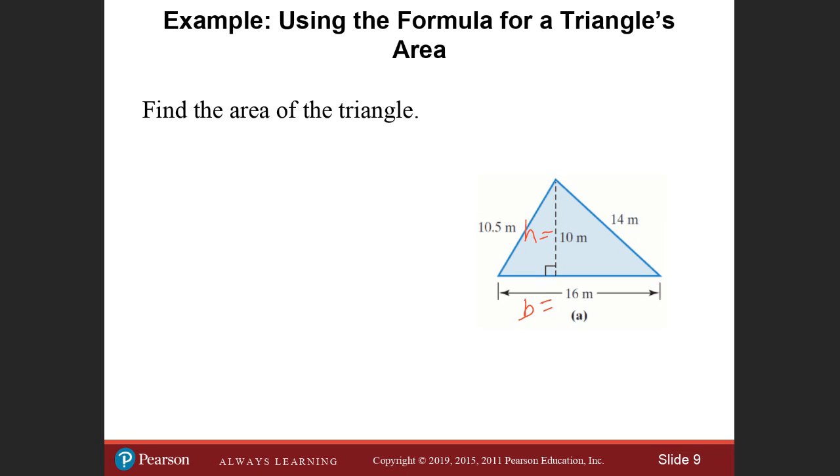The formula is area equals 1/2 base times height. So our base is 16 times our height, which is 10. 16 times 10 is 160, divided by 2, that would be 80. 80 square meters.